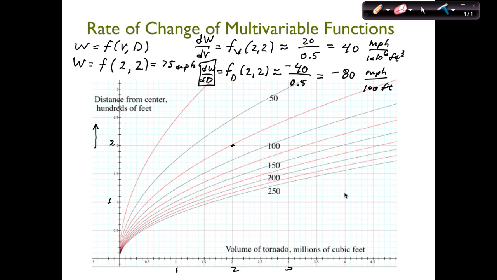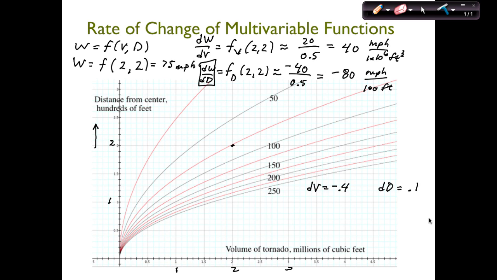From here, I'm going to suppose that the volume decreases by 0.4 million cubic feet, and the distance from the center increases by 0.1 hundred feet. So I'm going to let the volume go down a little bit, 0.4, and then the distance from the center go up, 0.1.